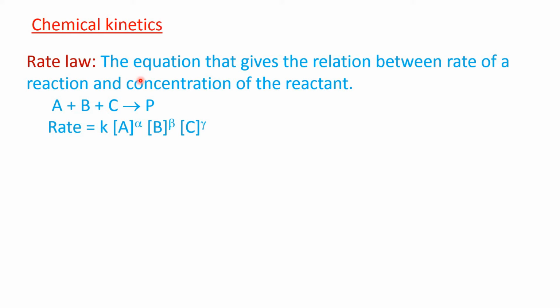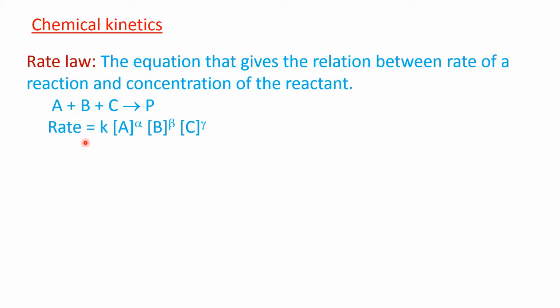That is known as the rate law. Okay. So this is the hypothetical reaction: A plus B plus C gives rise to the product. Then rate is equal to, if you consider instantaneous rate, anything: minus d/dt of molar concentration of A you can write, or minus d/dt of molar concentration of B you can write, anything.